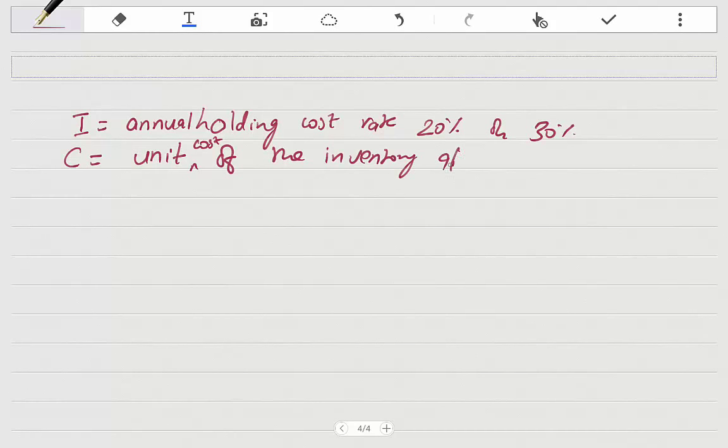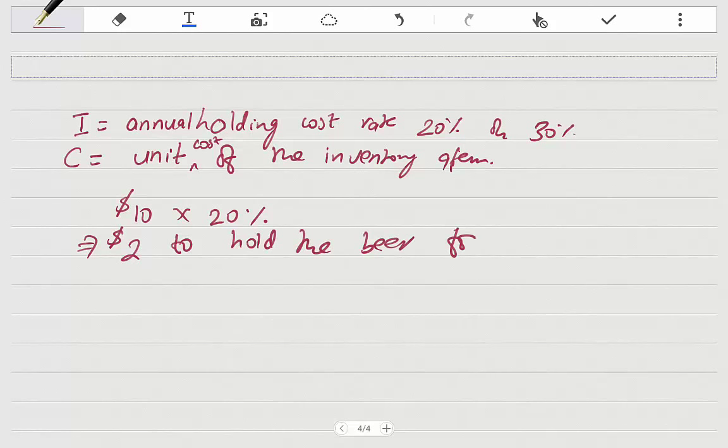So if your beer costs $10, and if you have a holding cost of 20%, that means it costs you $2 to hold the beer for 1 year.